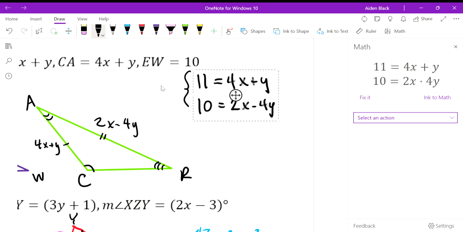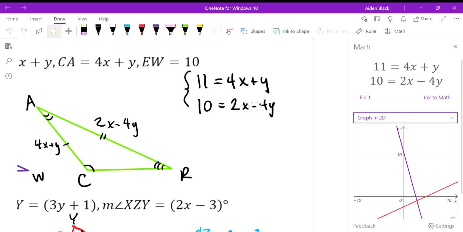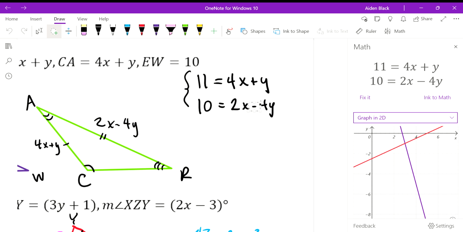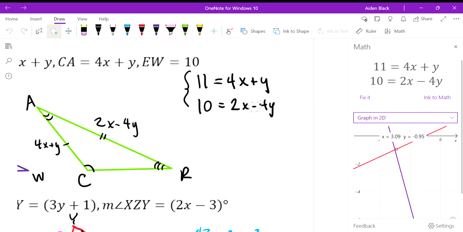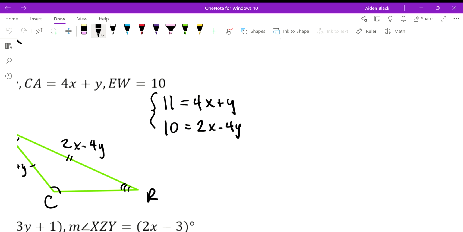This is a minus. Check it out. If you graph it, you can see what the solution is. The solution is going to be right here, right where they intersect. Looks like 3, -1.